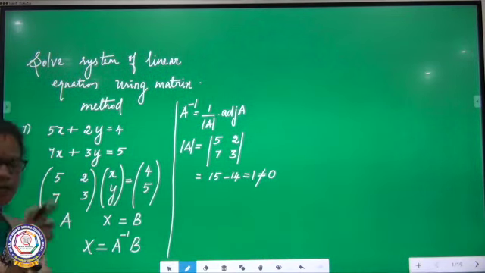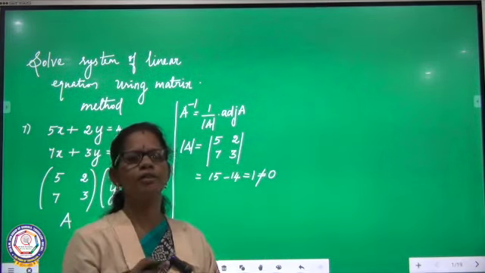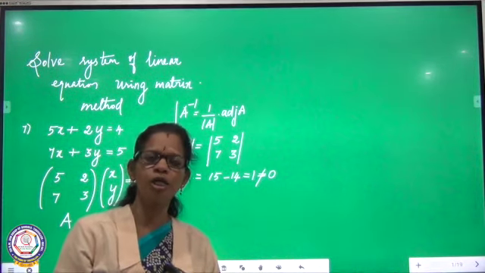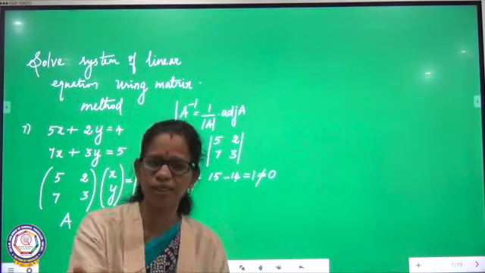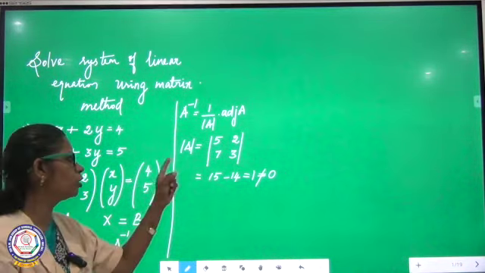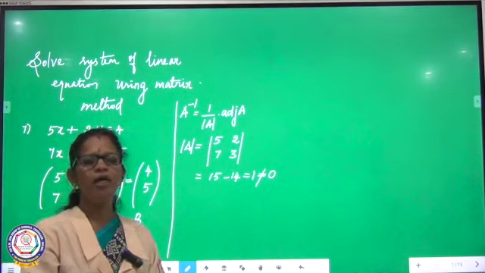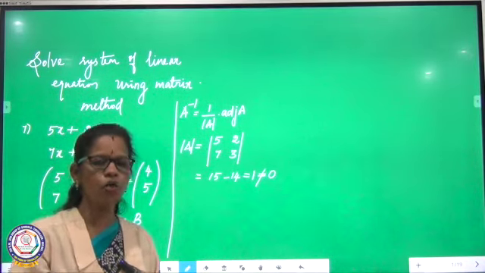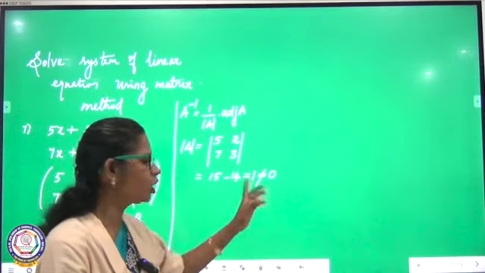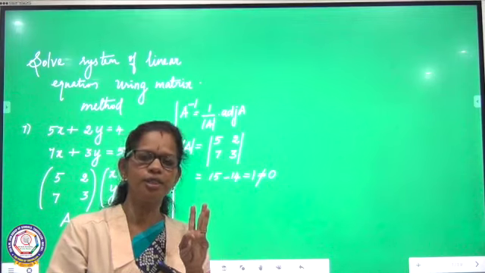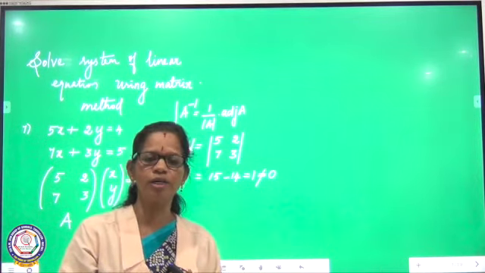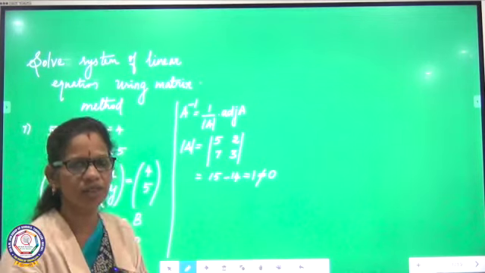If determinant A not equal to 0, you can say the system is consistent, it has a unique solution. And one more thing you can say, A inverse exists. Two things we can conclude using determinant A: first, the system is consistent with a unique solution; second, the inverse exists, right?